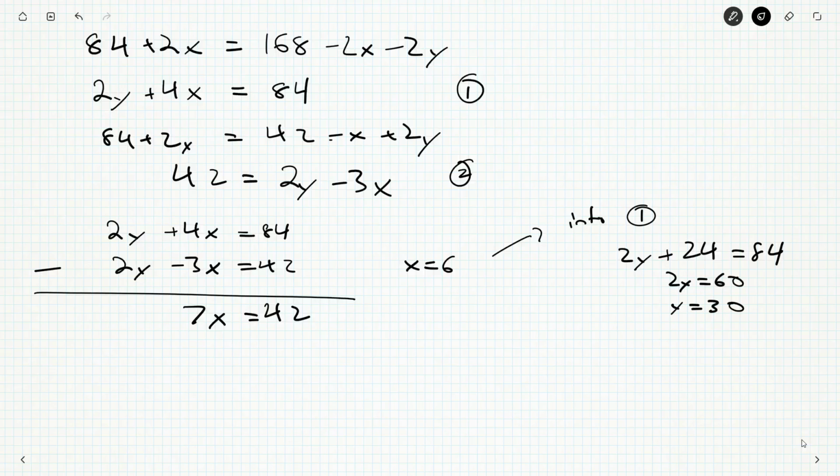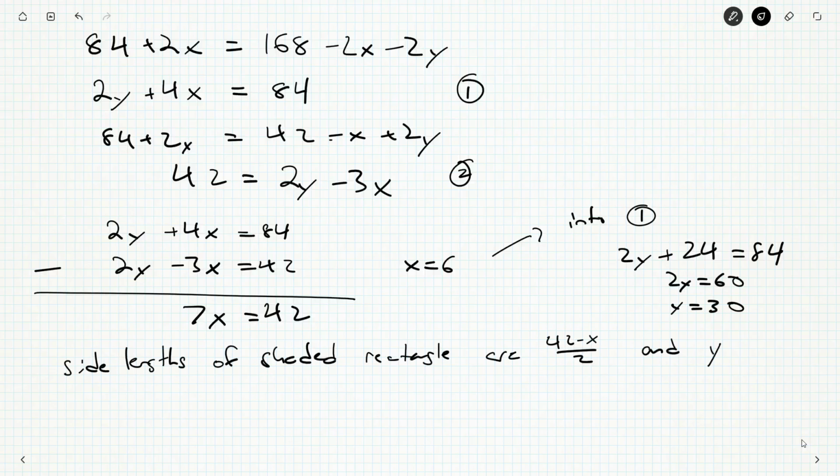So now I know y, I know x, and the side lengths of the shaded rectangle are (42 minus x) over 2 and y. But that's 42 minus 6, 36 over 2, so 18 and 30.